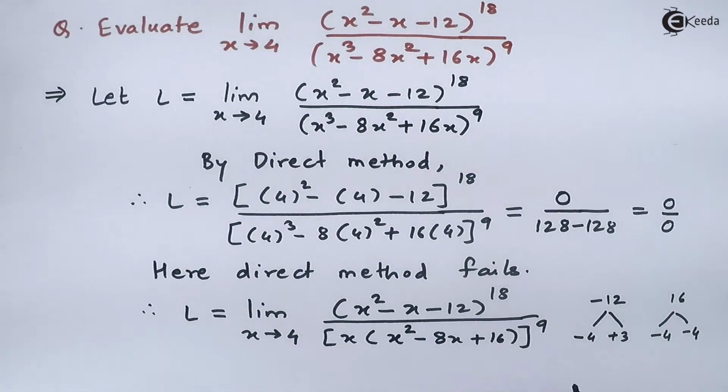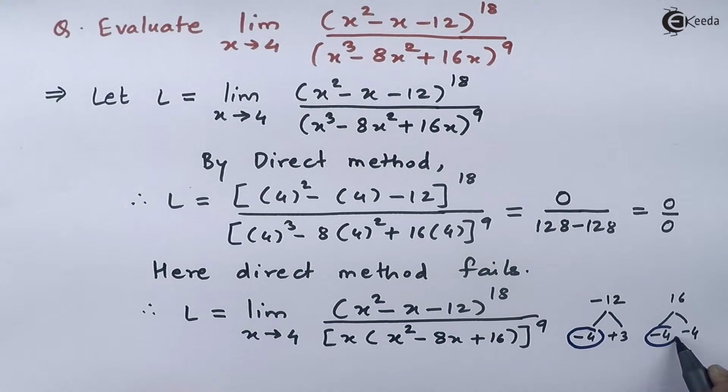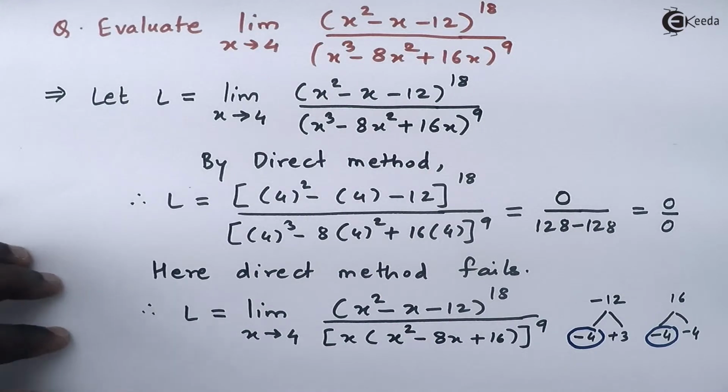So for the numerator as well as the denominator we can get factors. Also, the factor x minus 4 is common in numerator as well as in denominator, so we can cancel that factor.